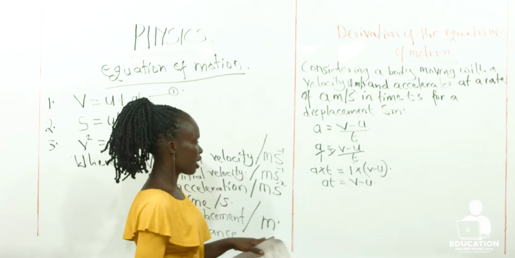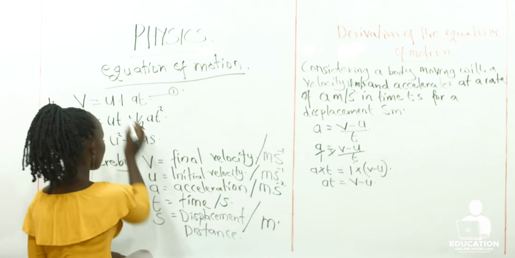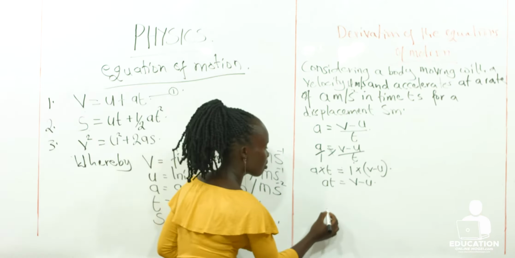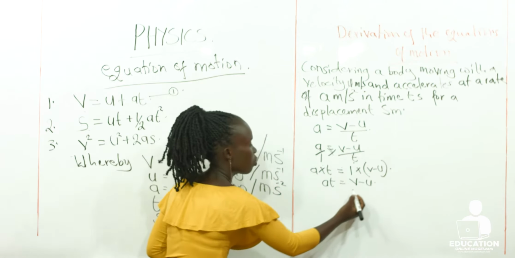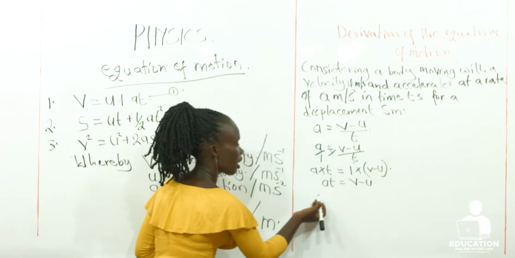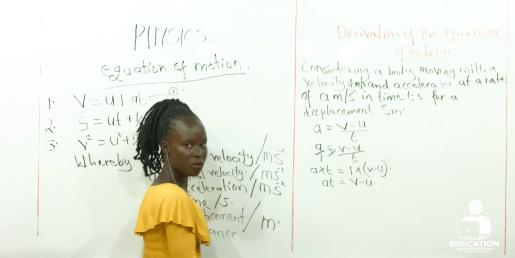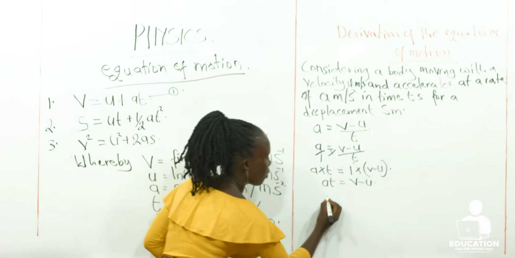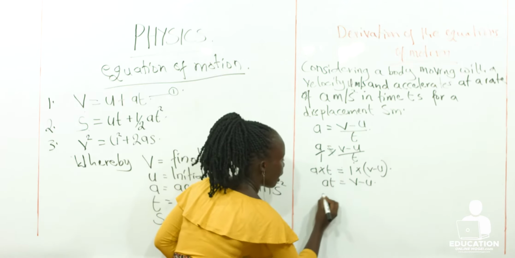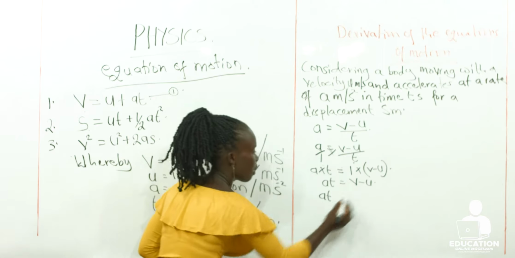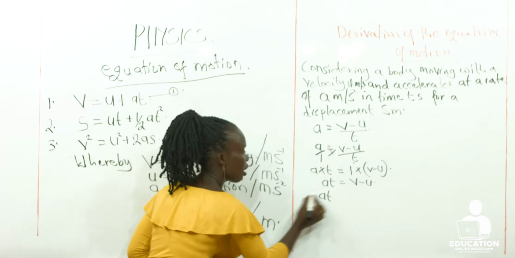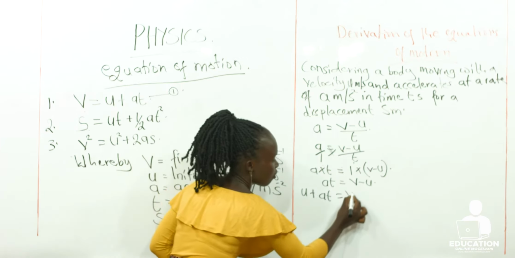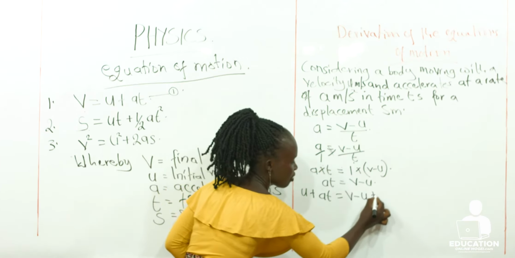So if you have it like that, we are almost close to coming up with this equation there. We collect this, we bring this u this side, so that we make our v the subject. In making v the subject, we shall have our at, we are adding u on both sides, which is u plus at is equal to v minus u plus u.